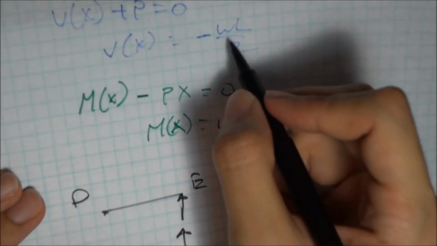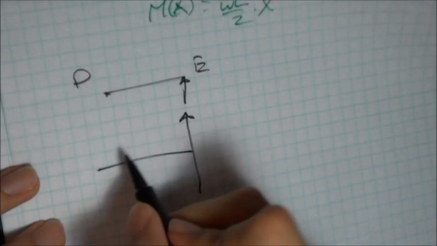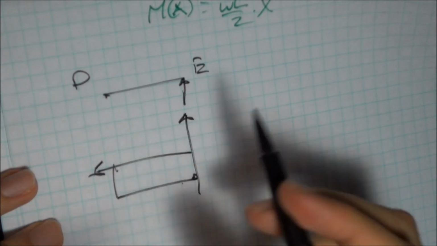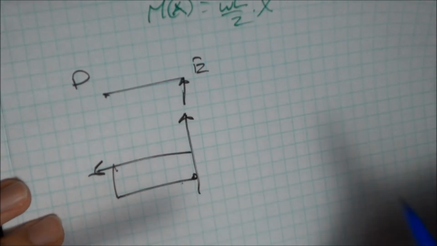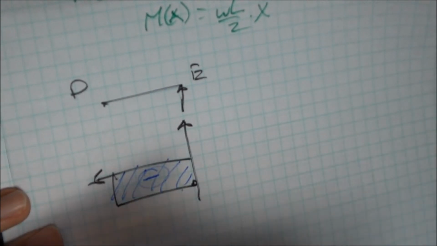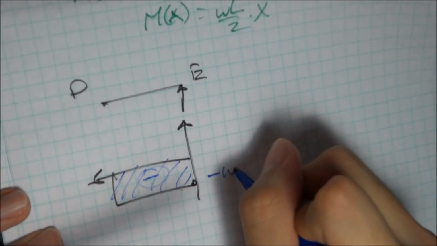Our shear is negative WL over 2. So we go down here. This is what our shear diagram looks like, and it goes down to negative WL over 2.